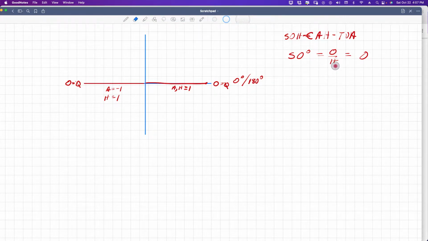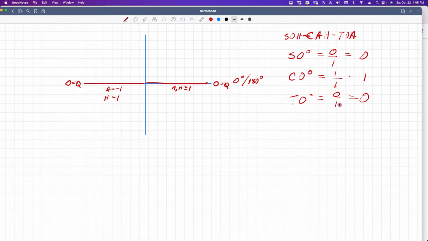Because we know the value of h, that's 1, so it'd still be 0. The cosine of 0 degrees would be the adjacent of 1 over the hypotenuse of 1, so the cosine would be 1. And your tangent of 0 degrees would be the opposite over the adjacent, so that would be 0 over 1, so that would be 0 also.